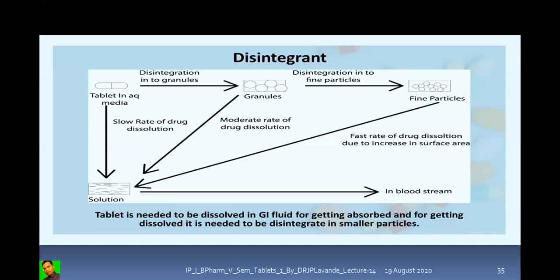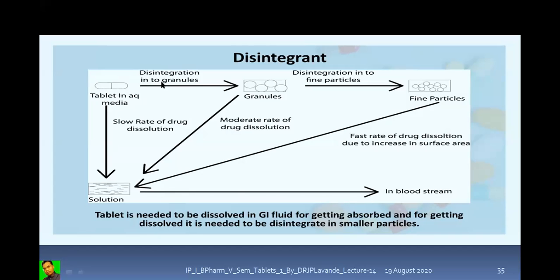Next is the disintegrant. The tablet needs to dissolve in gastrointestinal fluid for getting absorbed, and for getting dissolved it needs to be disintegrated. And in order to disintegrate into smaller particles, there is a need to add the disintegrant. You can see the tablet in the aqueous media, it directly goes into the solution.